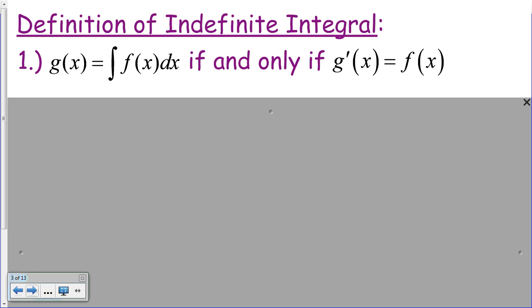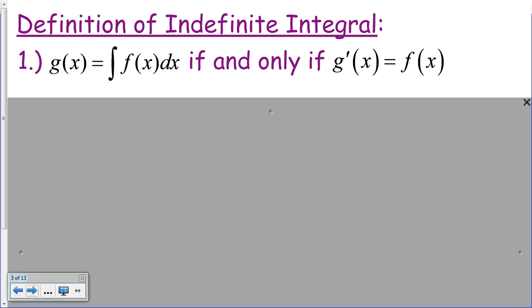So in other words, g of x is the antiderivative of some function as long as when you take the derivative of g, that gives you f of x. If you think about this carefully, this is exactly how we said you can check your answer when you believe you've come up with an antiderivative.